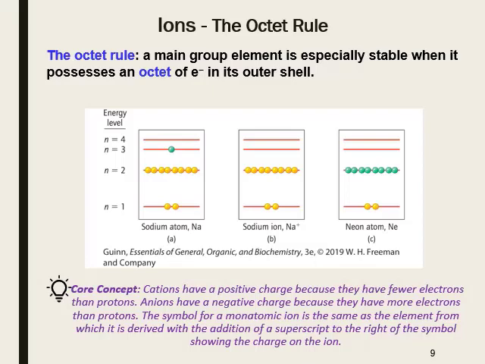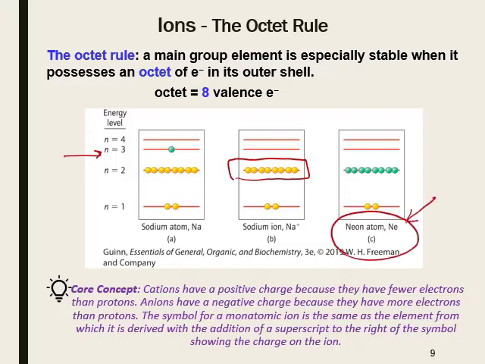For example, sodium, we already saw that it has only 1 valence electron as shown here, and once it loses that third shell, now it has octet of electrons in the second shell, which is similar to the neighboring noble gas neon. And that's why now, because the electronic configuration is similar, sodium ion is stable.